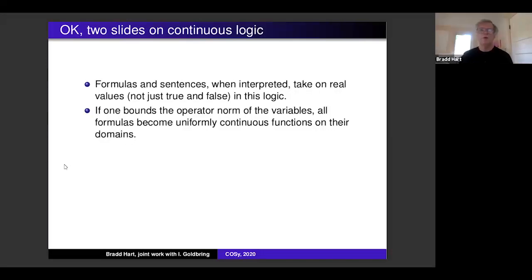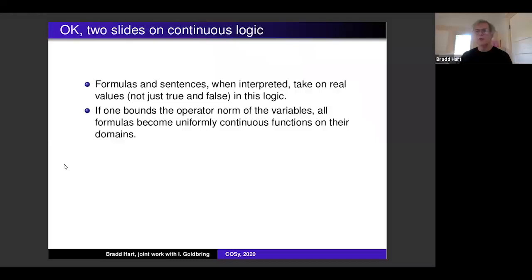If we know the form of the formula that we're trying to approximate, then the values of that formula will be some collection of real numbers, and that function, the formula, will be giving us a uniformly continuous function.